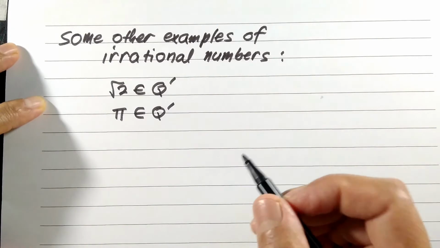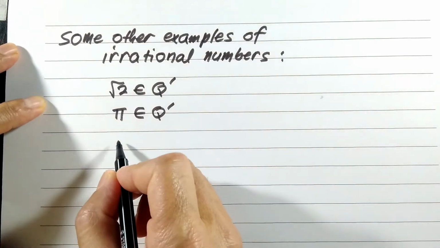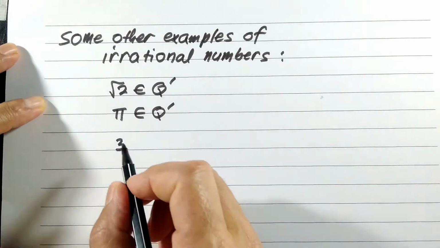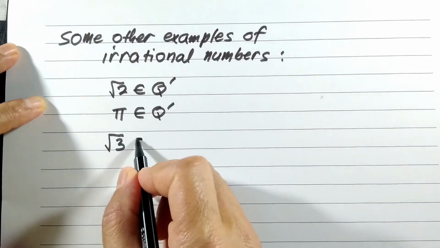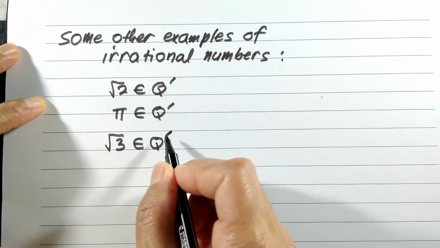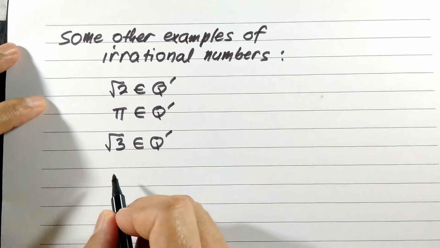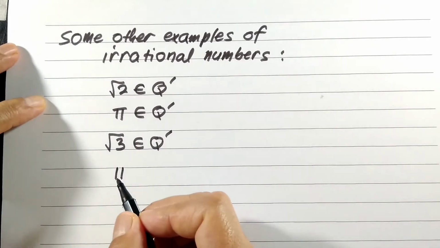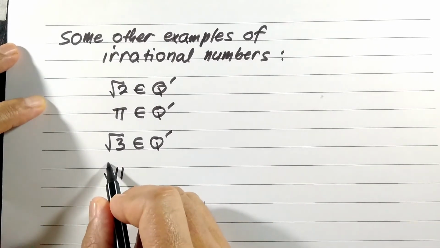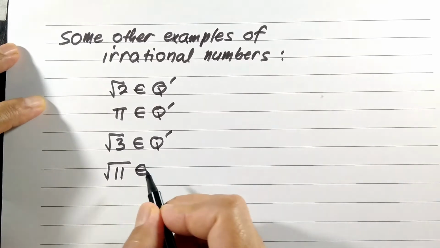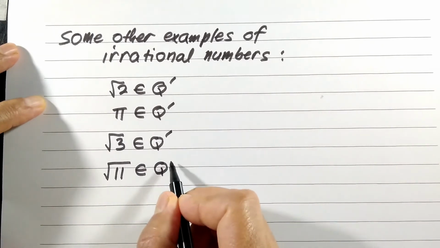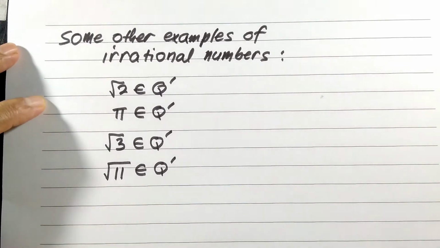It is the square root of any prime number. For example, 3 is prime, so square root of 3 is also an irrational number. 11 is also a prime number, therefore square root of 11 is also in Q prime. That is also an irrational number.